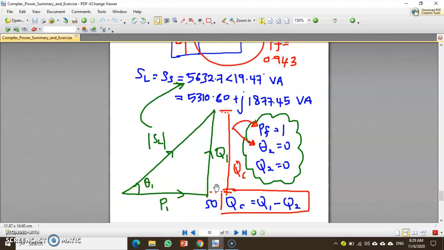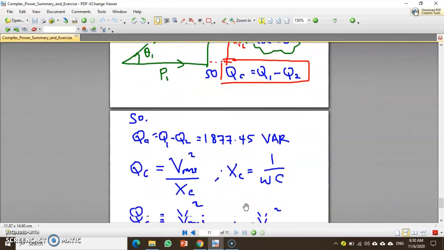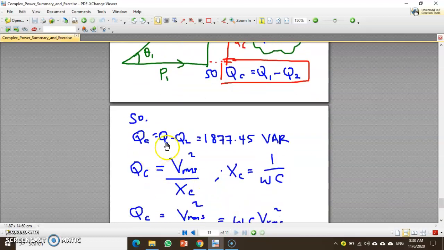So our QC equals Q1, our original reactive power, minus Q2, our final Q2, which equals 0. So our QC in this case equals Q1. And this is our QC, 1877.45 volt-ampere reactive.